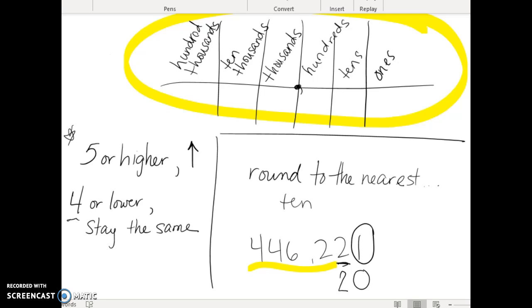Is that reasonable? No. So don't forget, nothing happened to these. You are going to bring them right back down. So the answer, this looks much more reasonable. This is 446,220. Okay? So let's try a few more together and see if you got the hang of it.